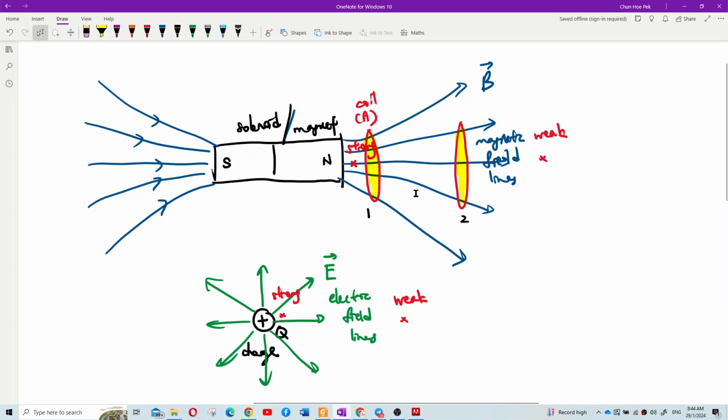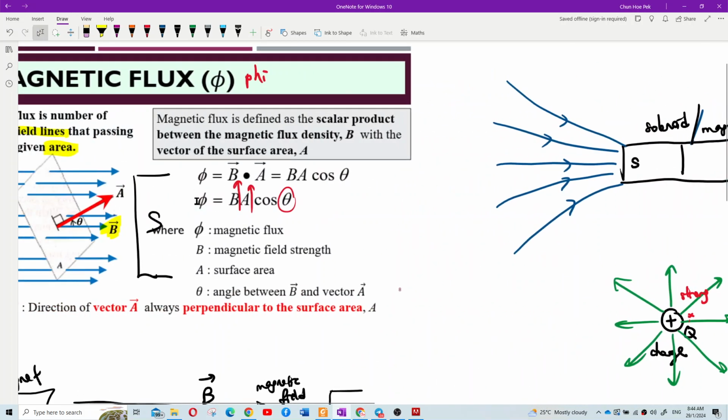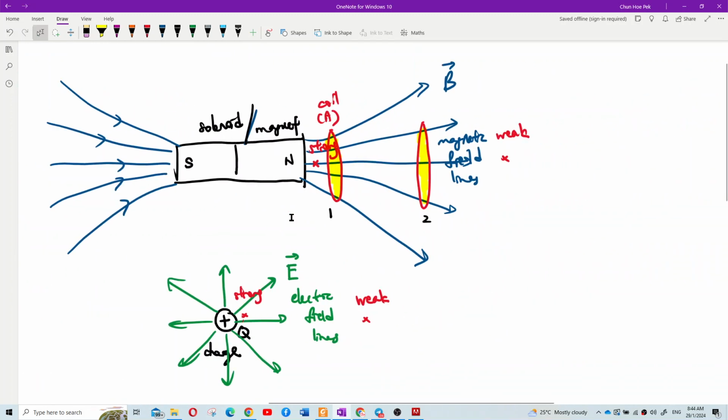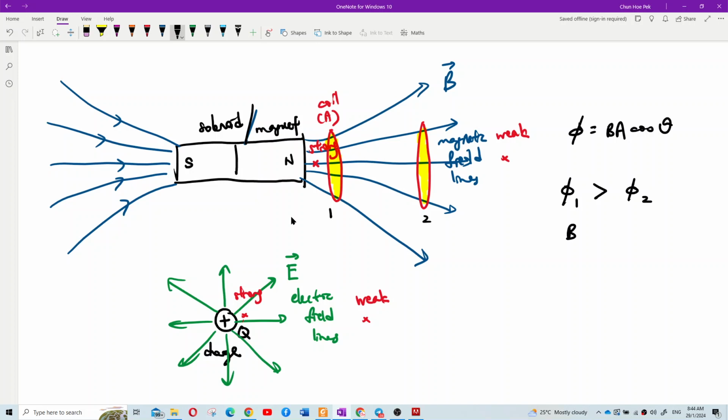Okay, so only coil 1. Based on this formula, magnetic flux equals BA cos theta. So I can say flux 1 is more than flux 2, because the magnetic field for 1 is bigger than the magnetic field for 2.